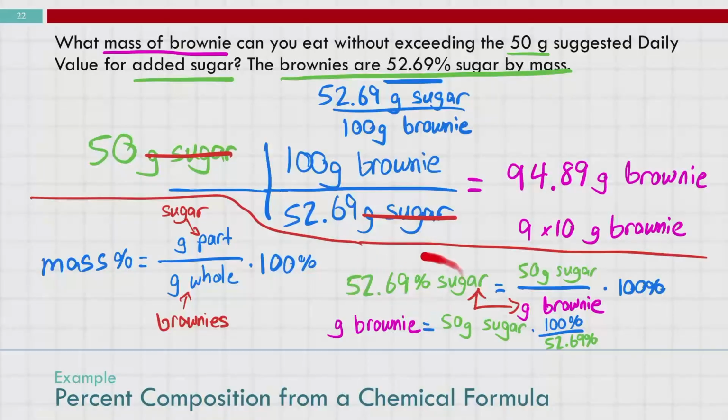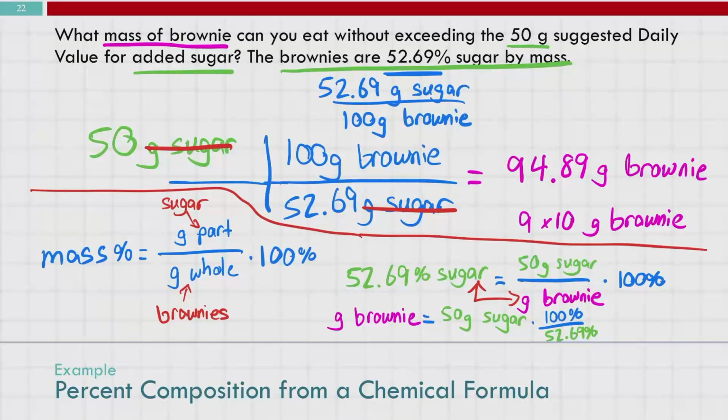So I'm putting the 52.69 under the 100 instead of under the grams of sugar. And if we compare the first solve, 50 times 100 over 52.69, with the formula version, we've got 50 times 100 divided by 52.69. It's the same exact solution. So we'll get the same answer.